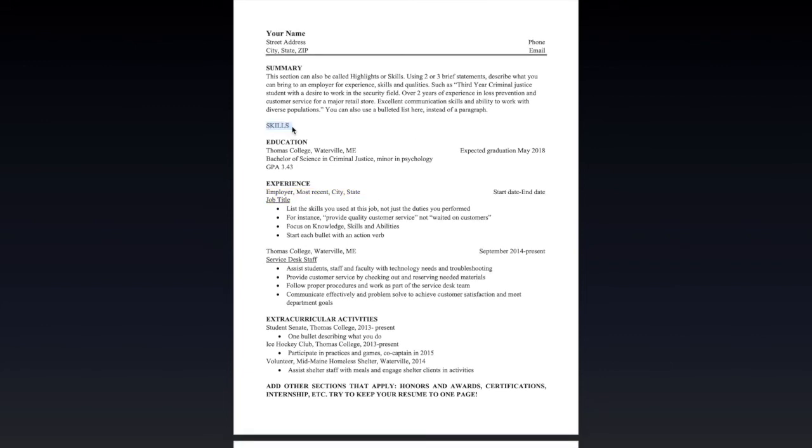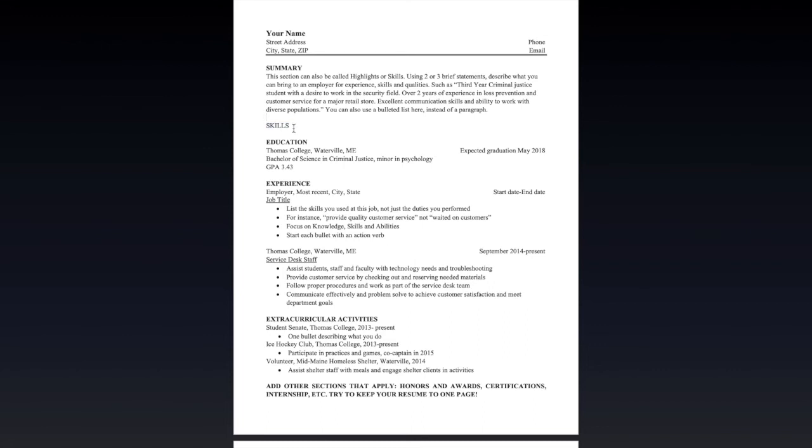Technology is one of those majors where I always recommend having a section, usually above education, that highlights your skills. For other majors, those skills are going to be found in your experience, in your extracurricular, in your summary, but for IT specifically, I say make a skills section.